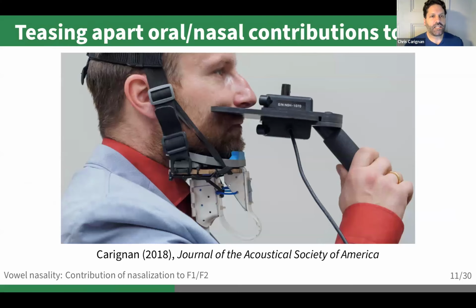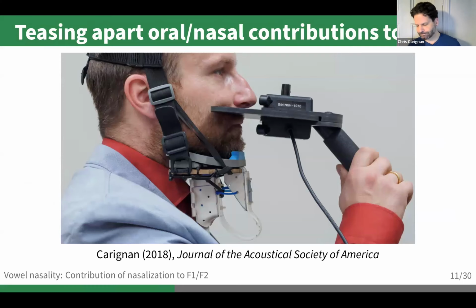So in 2018, I did a study where I tried to tackle this problem. This is something that I've worked on for many years, and this is the closest I think I've come to being able to at least get some sort of knowledge about what is the independent effect on formant frequencies when the velum lowers, right?